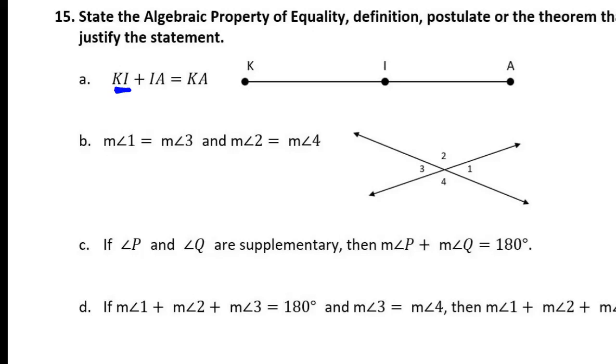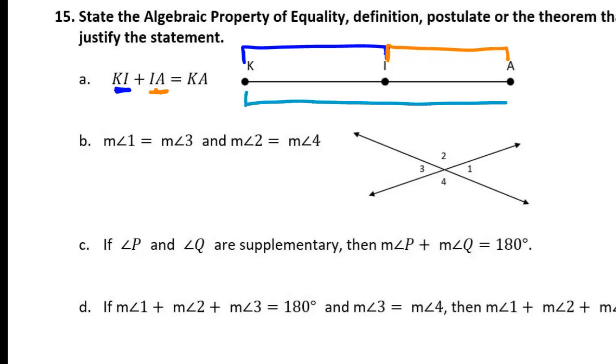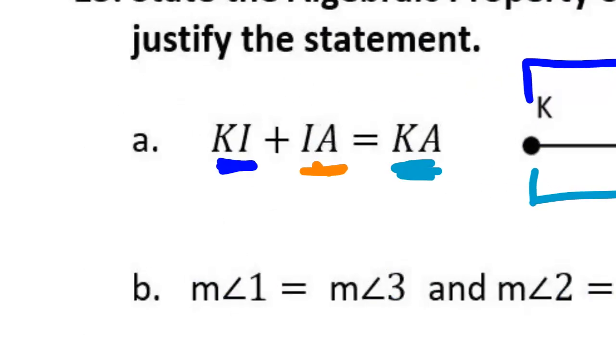And it says that KI, this length, plus IA, this length, when I add those together, it gives me the length of the whole thing, KA. What allows me to take the lengths of 2 smaller segments, put them together, and get the length of the larger segment? What did you say? Segment addition postulate.